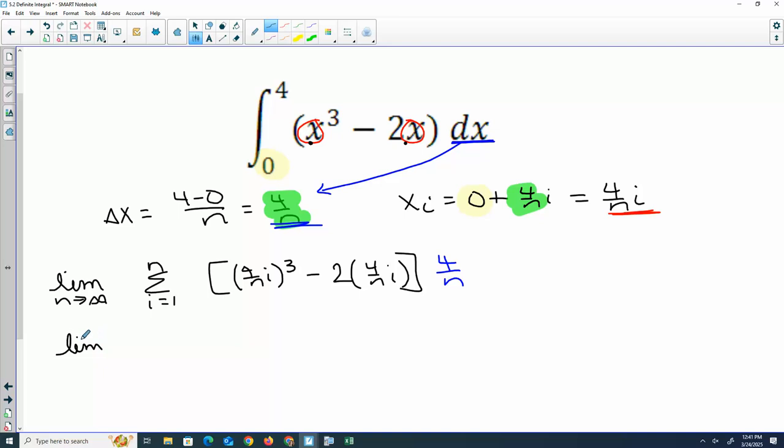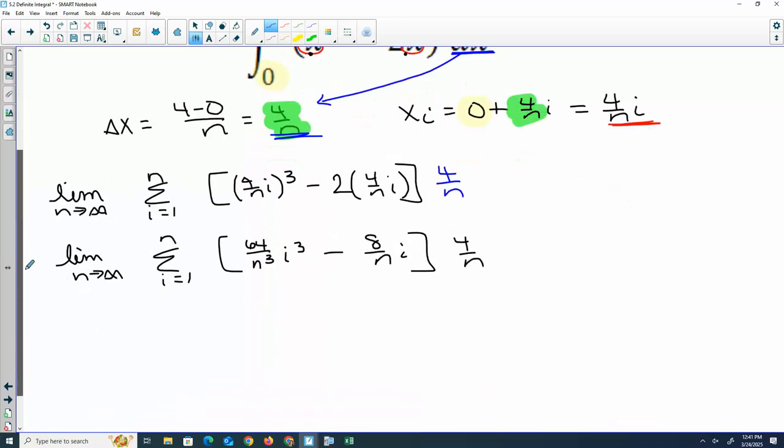Now we have to work this out to the point where we can do the summation rules. So we have a limit as n goes to infinity, sum from 1 to n of (4 over n i) cubed, so 4 to the third, 64 over n to the third, i to the third, minus 8 over n i, times 4 over n.